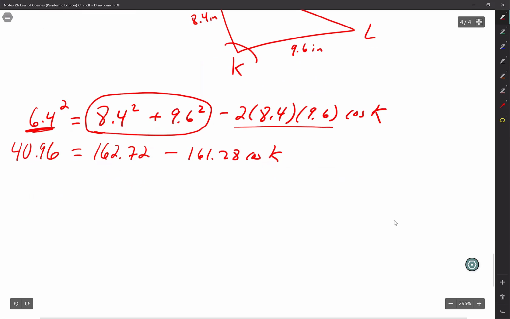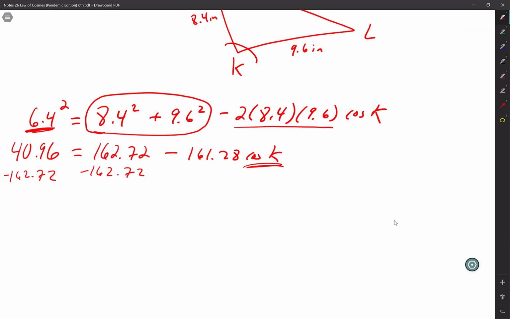There it is. And now what I'm trying to do is get K by itself. So I'm going to subtract 162.72 from both sides. So go ahead and take the 40.96 and subtract 162.72. It should be like negative 121 and something. Negative 121.76 equals negative 161.28 cosine K. We're so close.